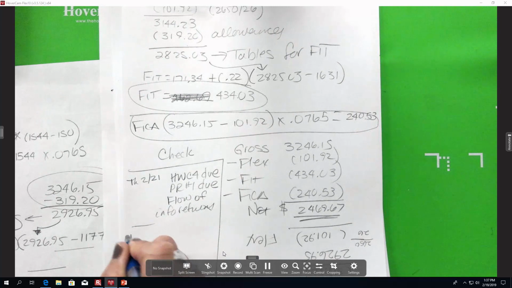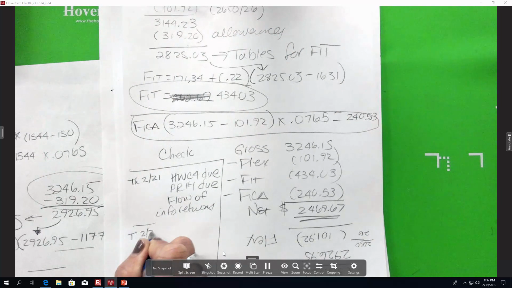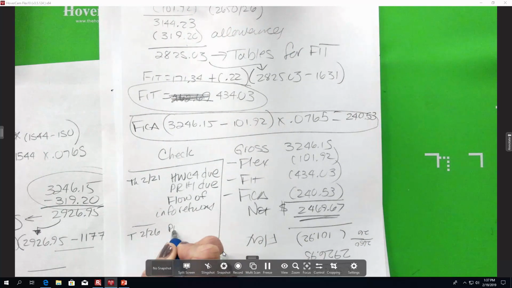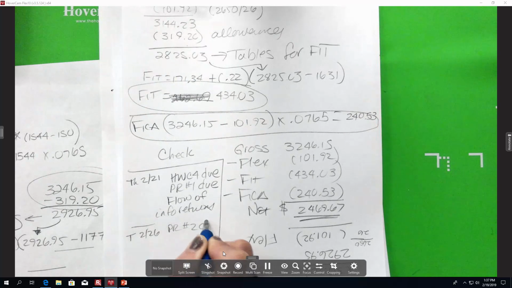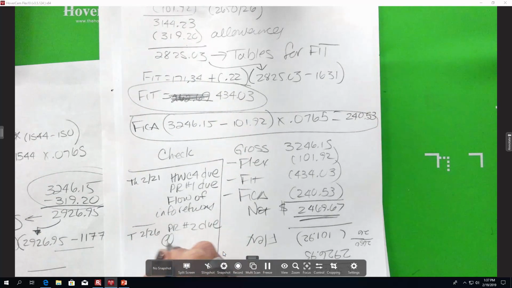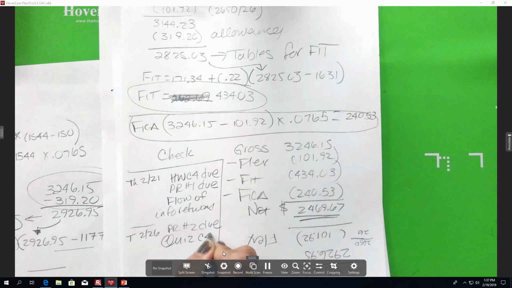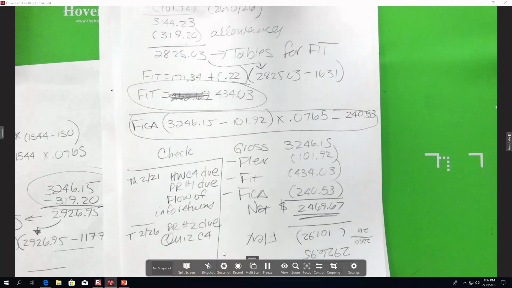And that next Tuesday, 226, payroll problem number 2 is due. And we're going to have a 12-point quiz on chapter 4. It looks a lot like the others, but the other quiz was all acronyms. This will be what we're basically doing here, and then the flow chart that I do on Thursday.